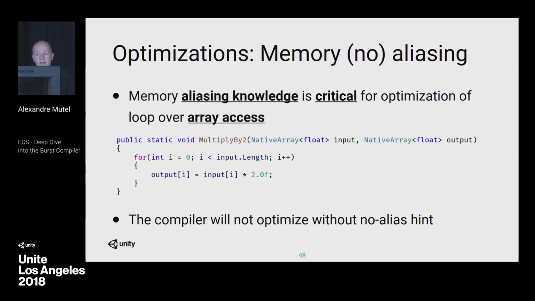But for arrays, it becomes more critical, because the optimization of the loop is going to be more dramatic if you have memory aliasing configured correctly. The compiler will be able to optimize this loop more efficiently. In this example, we are copying values from one array to another, and we are doubling the values.